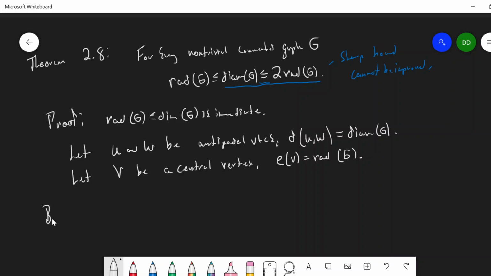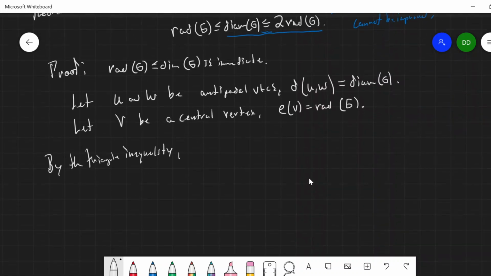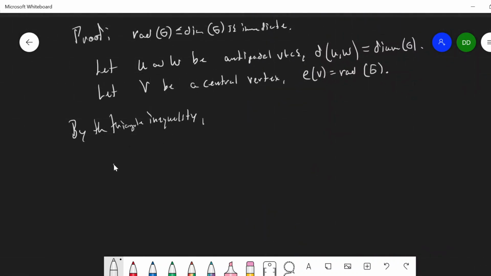So by the triangle inequality, I know that the diameter of G is equal to the distance between U and W, and now I have this third vertex, and so the distance between U and W is at most the distance between U and V plus the distance between V and W.